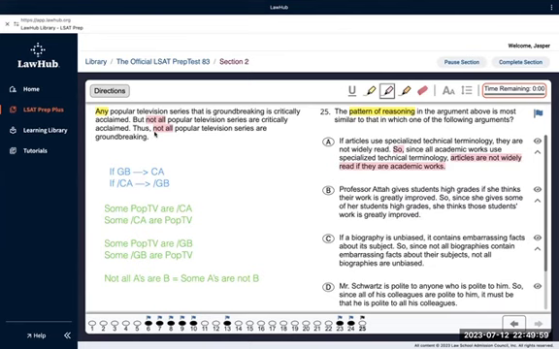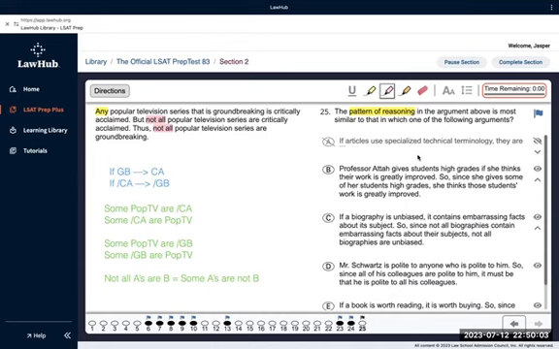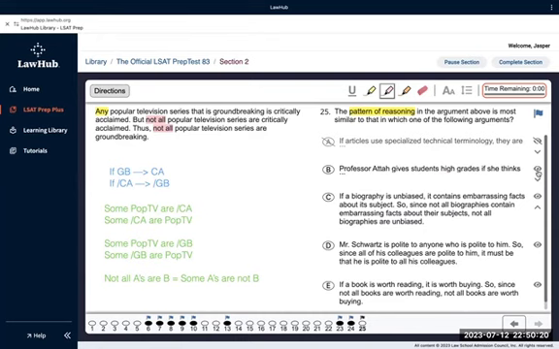That's not equivalent to the phrase not all, which is quantitative. So she thinks those students' work is greatly improved. We don't have anything equivalent to not all, right? So I would eliminate that one.